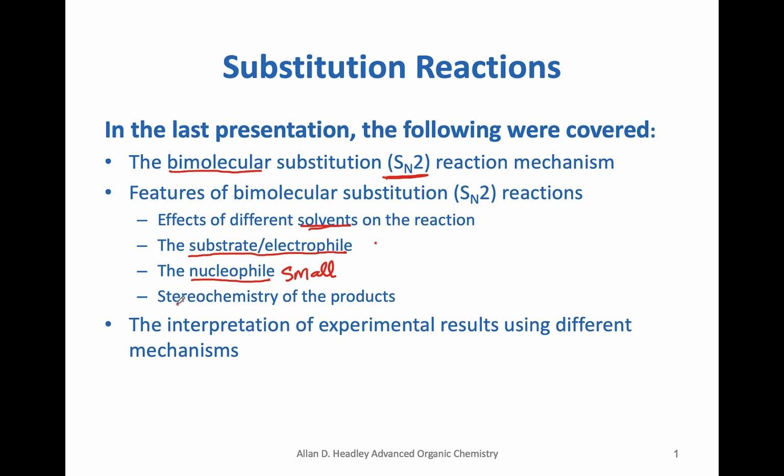We looked also at the stereochemistry of the products, and the bottom line here is that there is inversion. That's inversion of configuration around the chiral carbon of the product.